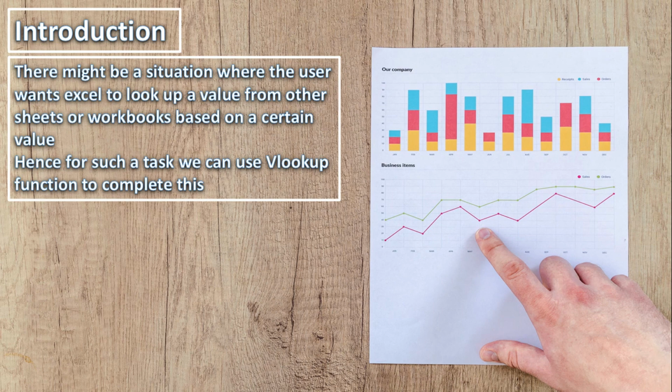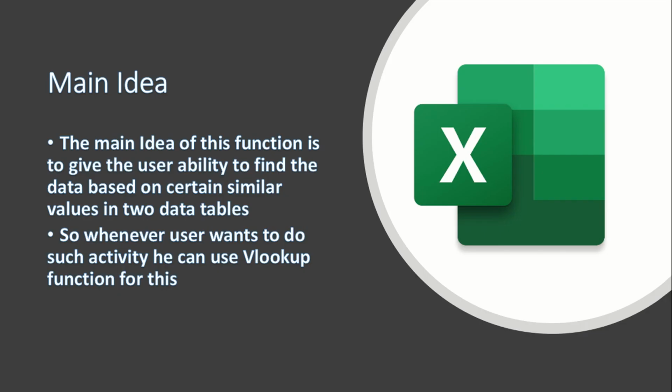For this task we can use VLOOKUP in Excel, so that if we have a lot of data, we are not supposed to go and copy and paste that data. Excel will look it up automatically and bring you the result. The main idea of this video is to give the user the ability to find data based on similar values in two data tables.